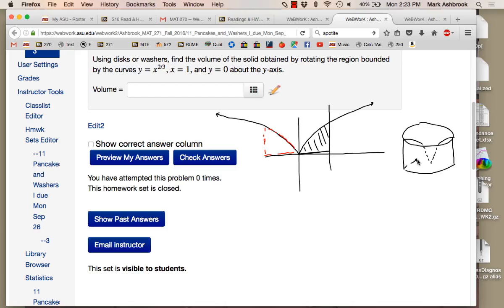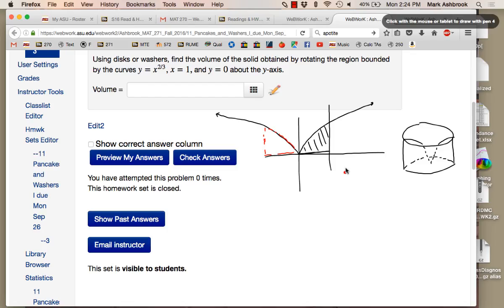Did that work? We get something like that. So this would hold water, right? This would be like some kind of very inefficient cup. It would hold water, but it wouldn't hold much, because it's convex on the inside. So our solid is all this stuff in here.